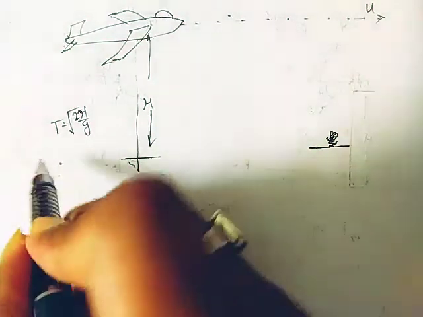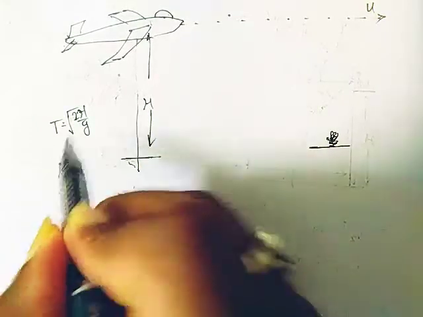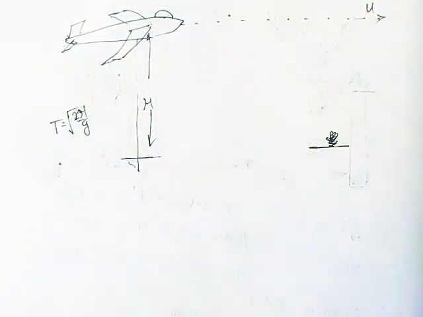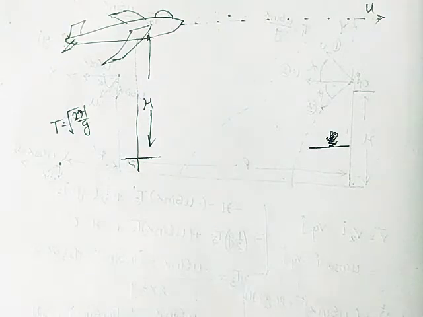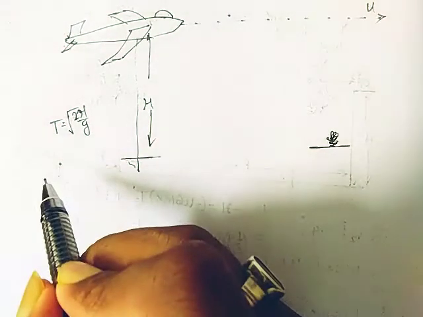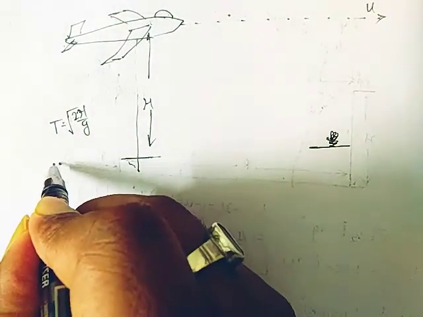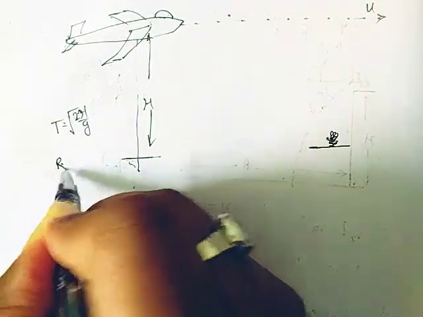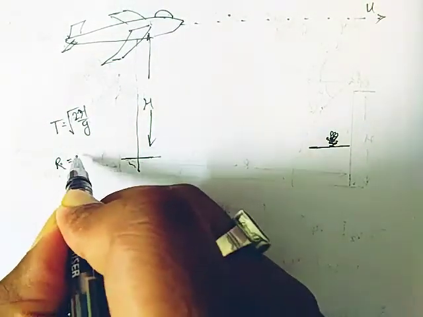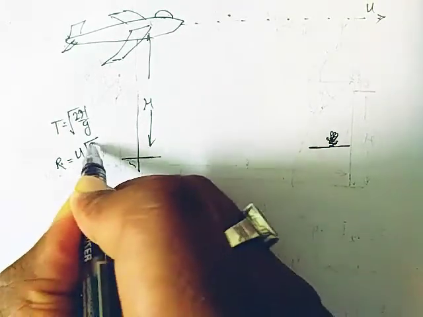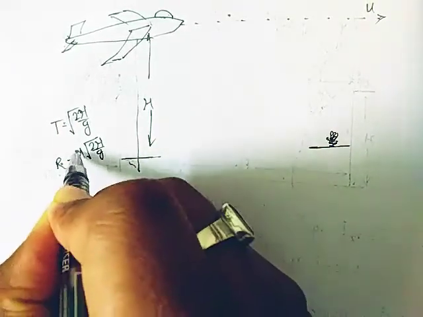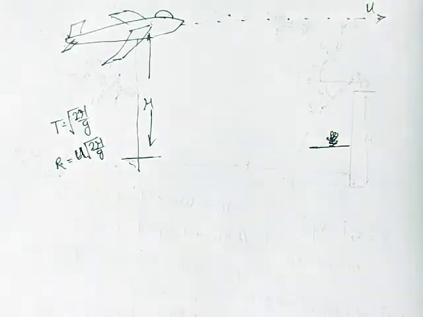After that, the captain, the fighter jet plane's driver or the pilot, calculates what will be the range. If we calculate it, the range will be u into root over of 2h divided by g.